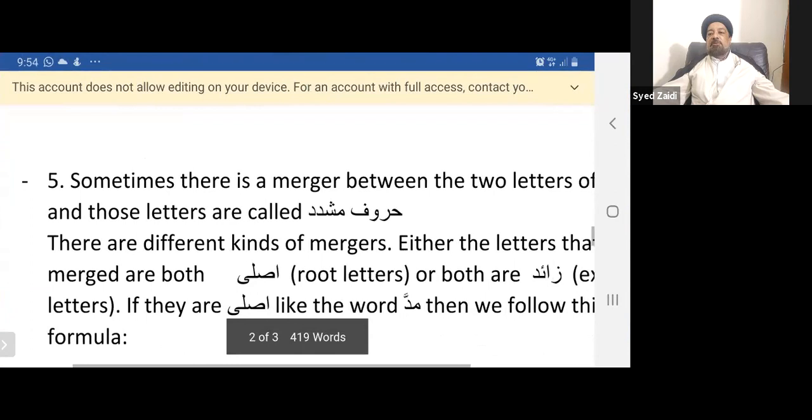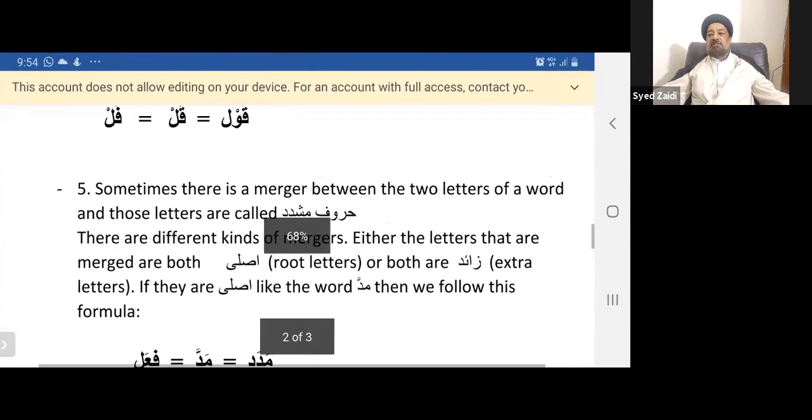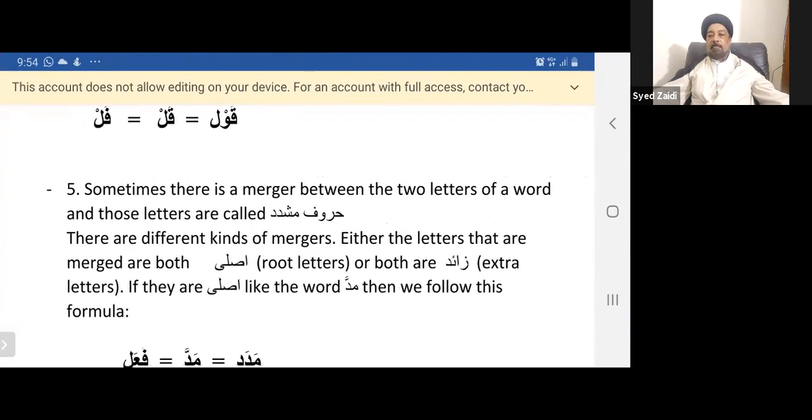Sometimes there is a merger between two letters, and that's called idgham, right? Once you find two letters that have merged and become one, that process is called idgham. Those letters are called huruf mushaddad. The first letter is called, now that might get a little bit more complicated. In the next lesson, I'm going to tell you all of those different names.